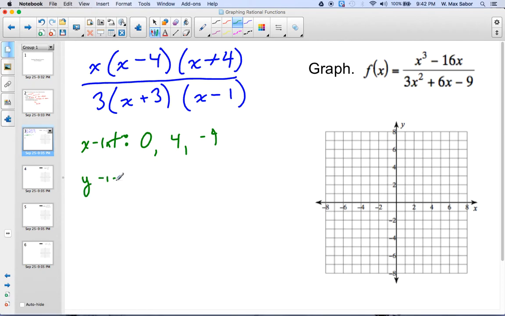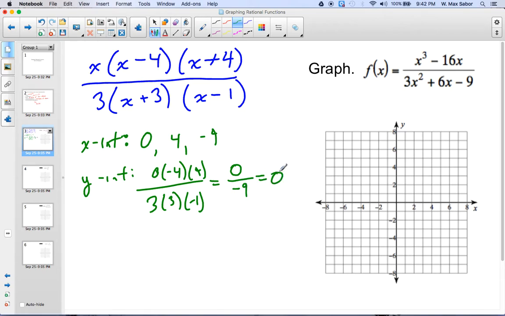Our y-intercept: if we plug in 0, we'll get 0 times negative 4 times 4 over 3 times negative 1. So that's 0 over negative 9, so 0 is our y-intercept.